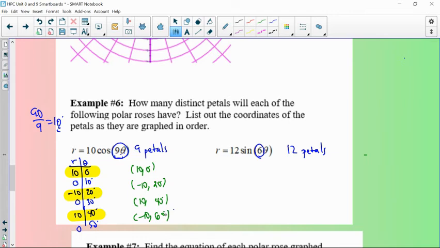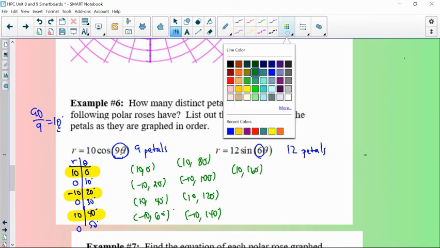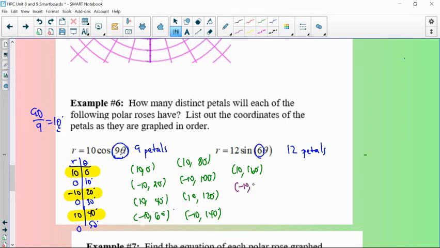And again, because I know it's double increments of 10, then it's positive 10 at 80 degrees, negative 10 at 100 degrees, positive 10 at 120 degrees, negative 10 at 140 degrees, and positive 10 at 160. Now, that's 9 petals. If I accidentally do one more petal and say negative 10, 180, because I'm just following the pattern, notice negative 10, 180 is the same as 10, 0. So I know that there would be 9 distinct petals.